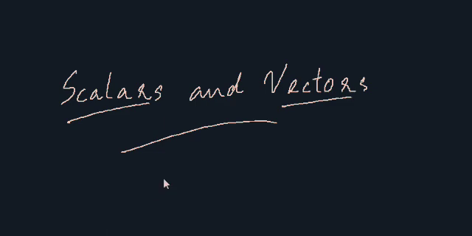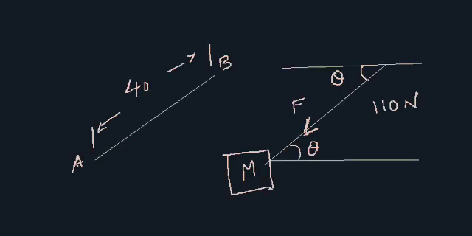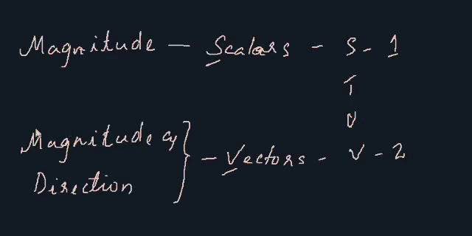So scalars and vectors. S for scalar, V for vector. Scalar needs one quantity, that is magnitude, for a complete description, whereas vector needs two quantities, that is magnitude and direction, for a complete description.